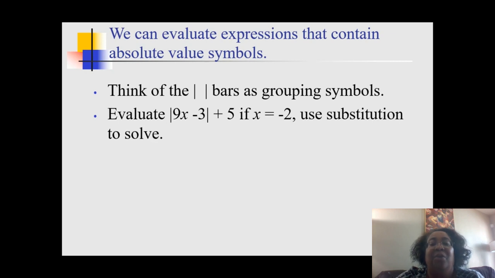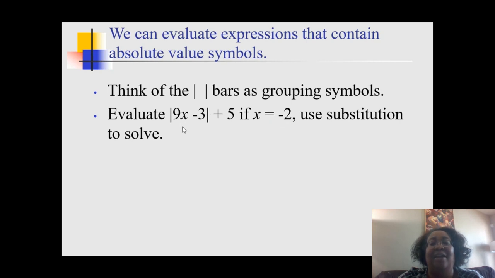So in this particular one here, I have an absolute value, and then I have that absolute value being summed with a 5. And when you have situations like this, and they tell you what x is, this is going to be easy to solve because all you're going to do is use substitution like every good algebra student knows. You're just going to take that -2 and substitute where the x is.